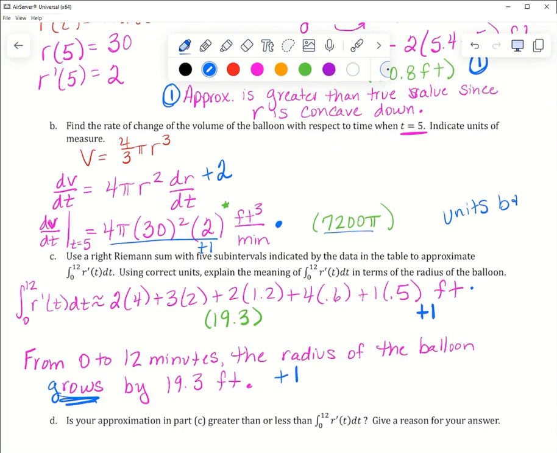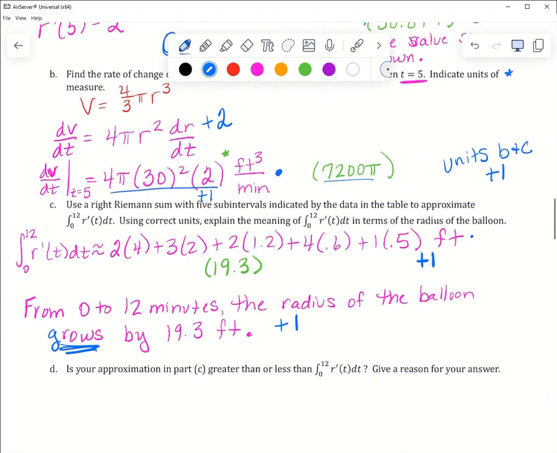Remember, they don't give half points, so if you didn't do part B, you couldn't earn that unit point. That's why I'm always saying, if you don't know how to do it, write some numbers down and put a unit on it, especially when they say indicate units of measure. Then probably a units point is out there, so you'll want to get that.